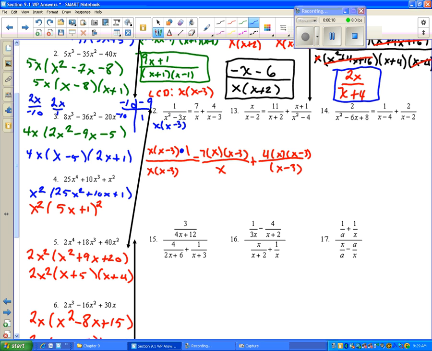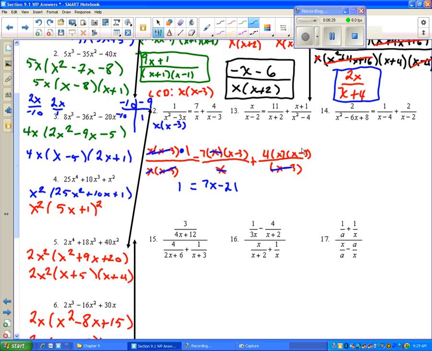This is multiplication. So here my x cancels, my x minus 3's cancel, and all I'm left with is 1 is equal to, my x's cancel. 7 times x is 7x. 7 times minus 3 is minus 21.